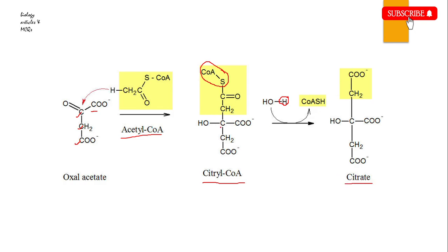Here you can see that the same portion is present here, and this CoA is removed and attached with the hydrogen, converting it into CoASH as such, and there is a C double bond O. This O is now entered here, converting into a C double bond O molecule. So this is the first step.